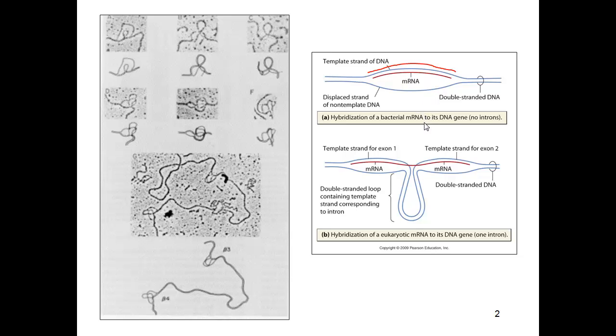But we know now that eukaryotic genes have introns in the DNA sequence, but that they are spliced out in the mRNA. Therefore, an mRNA will hybridize to multiple different exonic regions, causing part of the DNA to loop out. And these loop structures were observed over and over, and that was one way that the existence of introns was deduced.